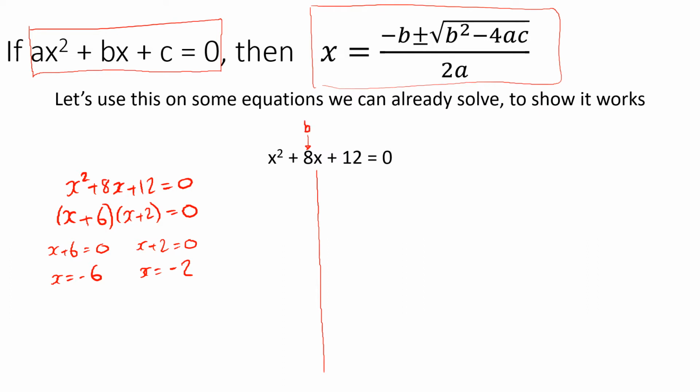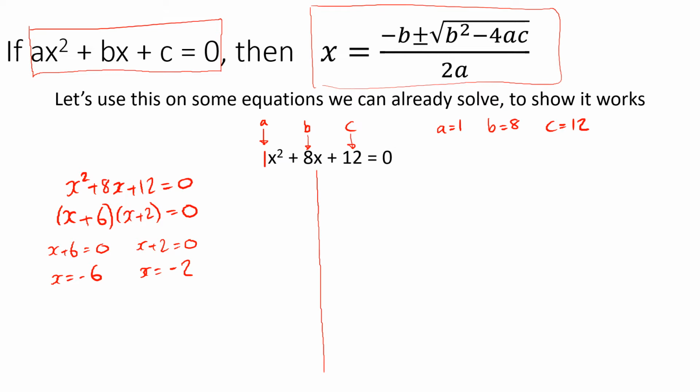So b is 8. c is the number at the end, so that's going to be our c. And then what about a? Well, it's not 0, it is 1, because we've got a single x squared here. So we can start off by saying a is 1, b is 8, and c is 12 in this example. And the signs do matter, so they're all positive 1, positive 8, positive 12.